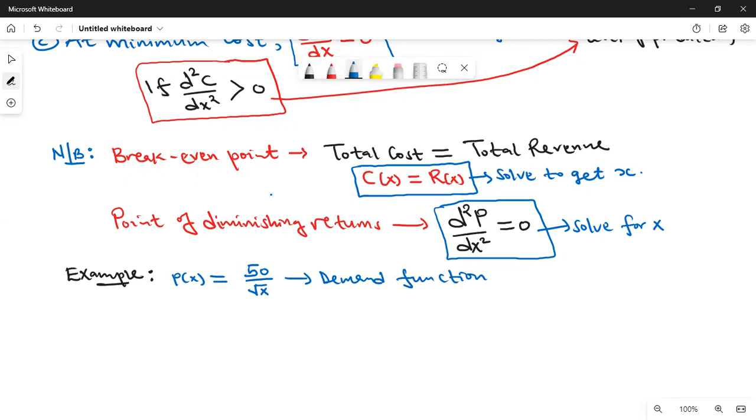We are also told that the cost of producing X units of the commodity is given by C of X is equal to 0.5x plus 500.